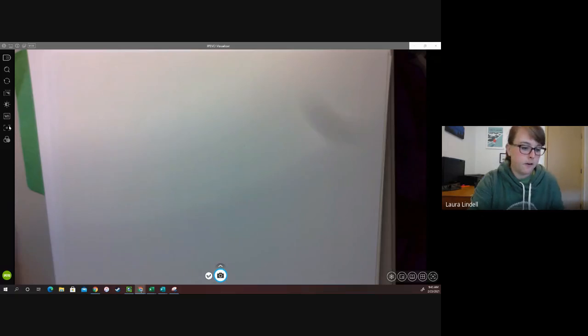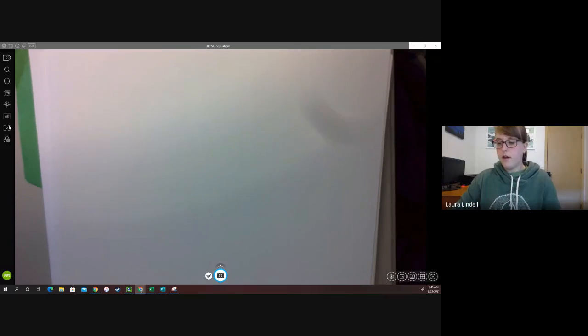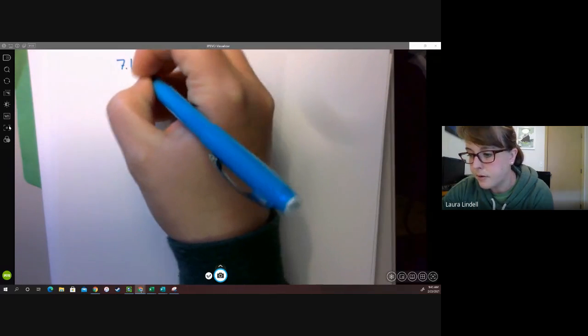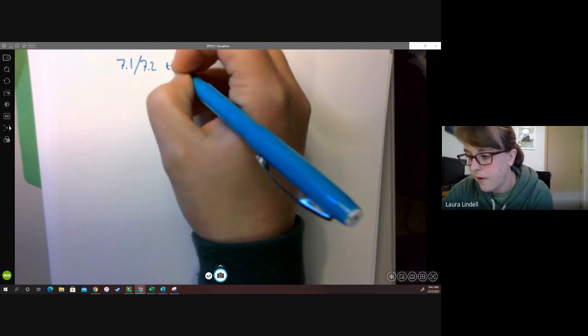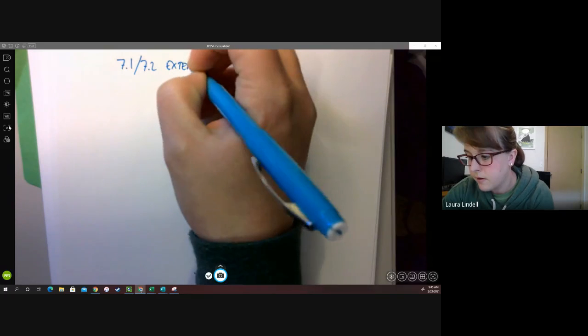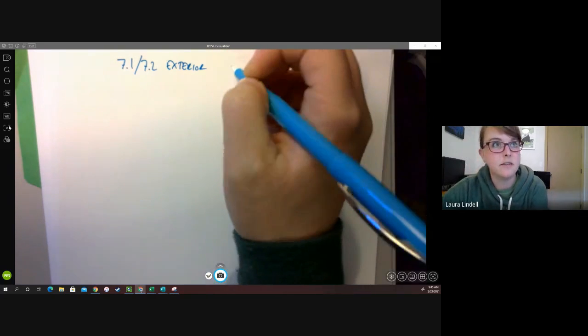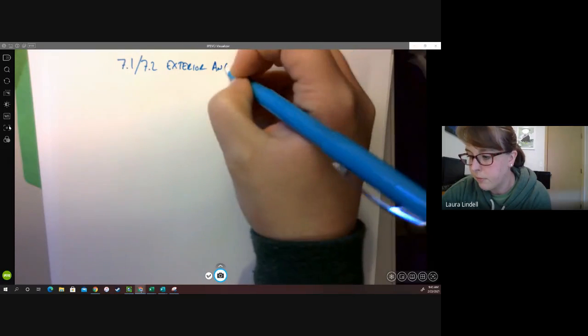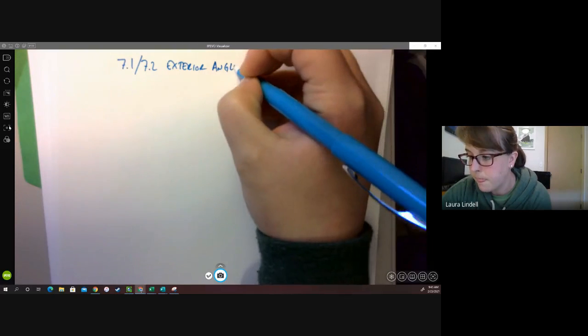All right, so first, since yesterday we had a short class period, we did not get to exterior angles. Wasn't really anticipating that we would, but now we get to. Exterior is a lot easier than interior, so this will be a quick little detour.